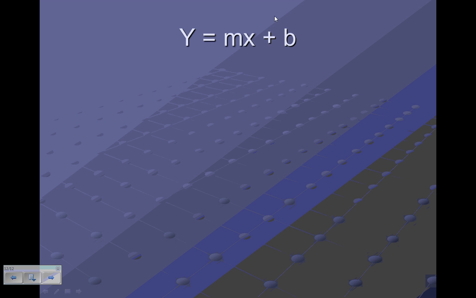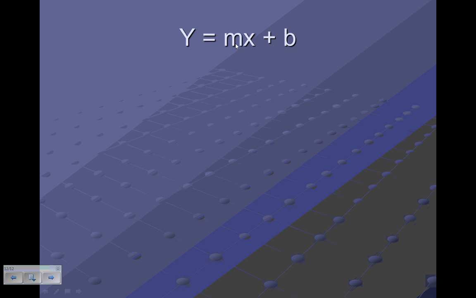Here is an equation written in slope-intercept form. Now remember, let's do a little review here. x is my independent variable, or we could call it my domain. y is my dependent variable, or my range. We just said that m is the coefficient. We've always known that, but then it's also the slope.